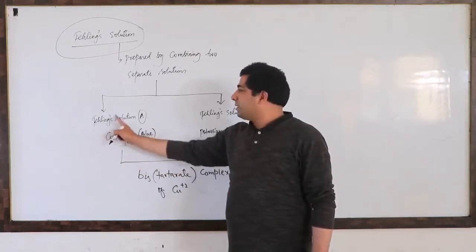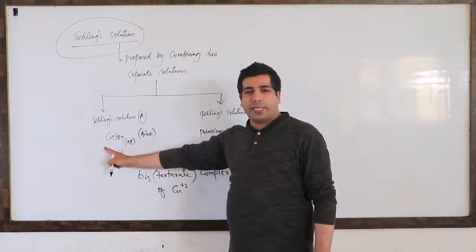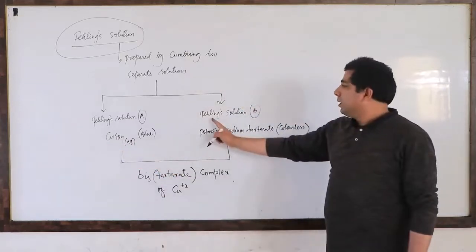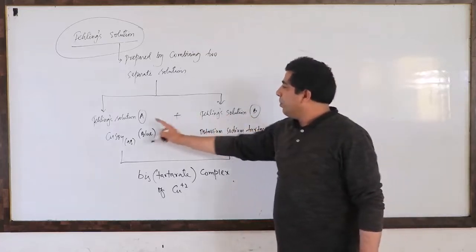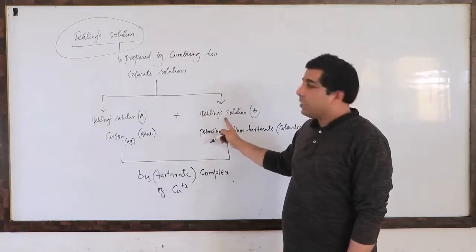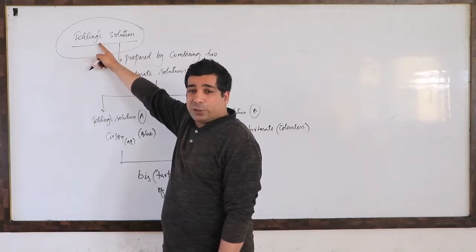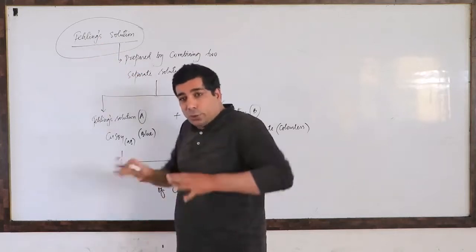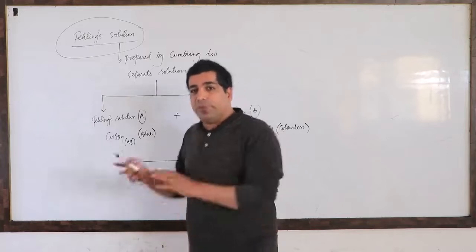That's called Fehling's solution A, and it is blue in color because of the presence of copper ions, correct? Look here. Then you need another one, Fehling's solution B. When you mix Fehling's solution A with Fehling's solution B, that is your Fehling's solution basically. So Fehling's solution is the combination of Fehling's solution A plus Fehling's solution B.